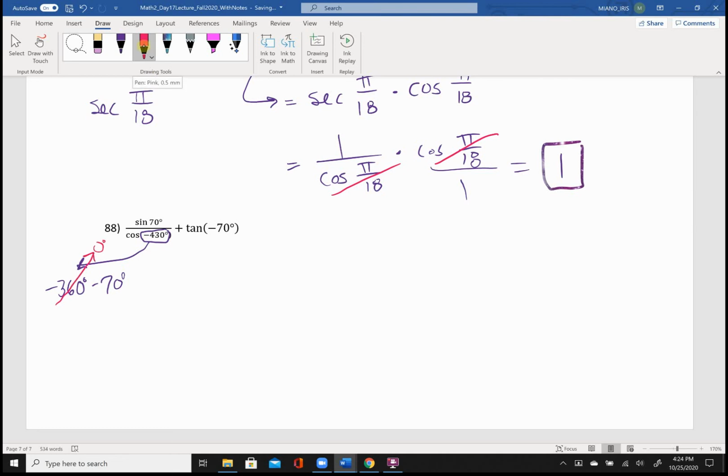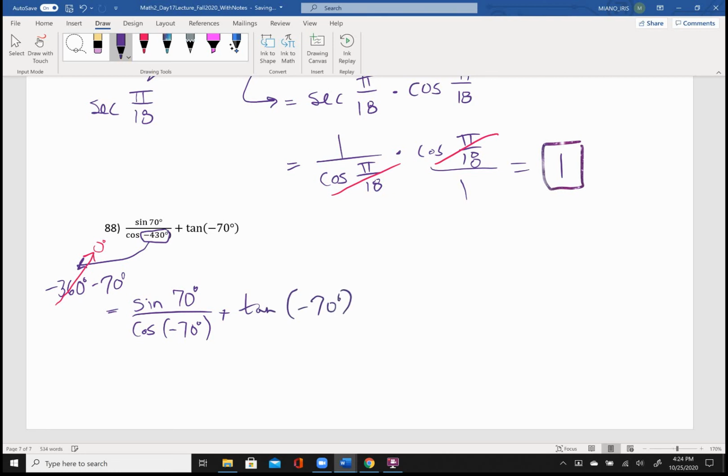It's like a full backwards revolution, and then we just have this negative 70 degrees left over. So at least initially here, we can say that this is sine of 70 degrees over cosine of negative 70 degrees plus tangent of negative 70 degrees.